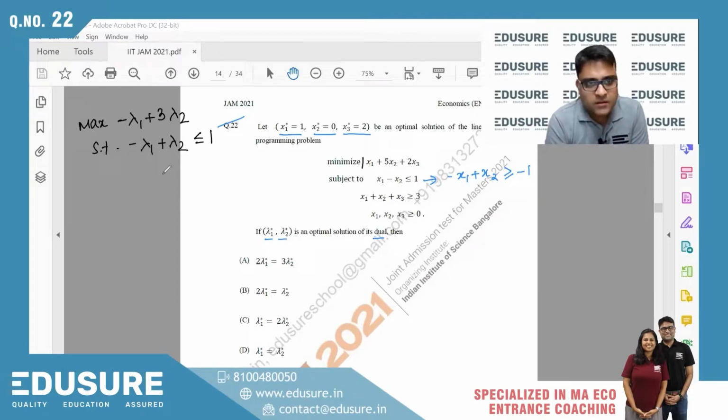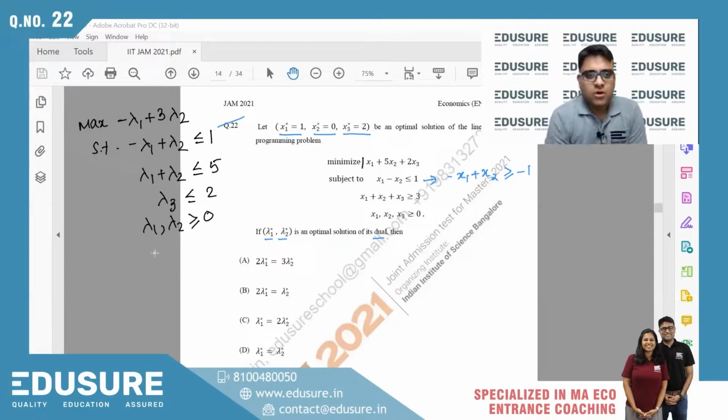Then lambda 1 plus lambda 2 less than equal to 5, coefficient of x2. And 0 lambda 1 plus lambda 3 less than equal to 2. Lambda 1 and lambda 2 greater than equal to 0.